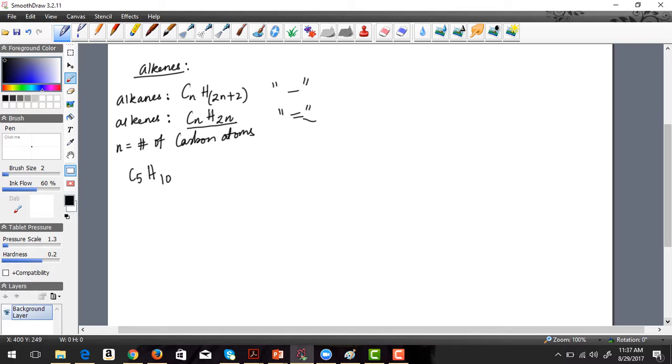Now in the double bond, one bond typically corresponds to a sigma bond, and the other bond corresponds to a pi bond. That means when you say a double bond, there's a single bond and there's an extra bond, and that's what we refer to as a pi bond.